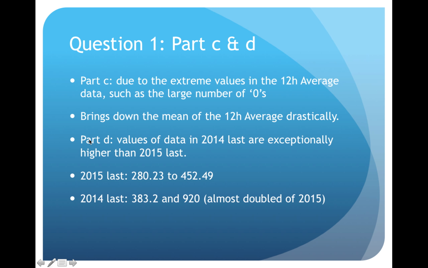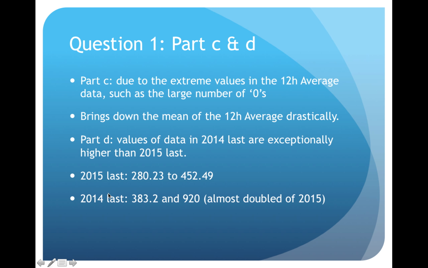And for part D, we were asked why the 2014 last average and the 2015 last average have such a huge difference between these two, with 2014 being the bigger one. This is the reason why. This is because the values of data in 2014 last are exceptionally higher than 2015 last.